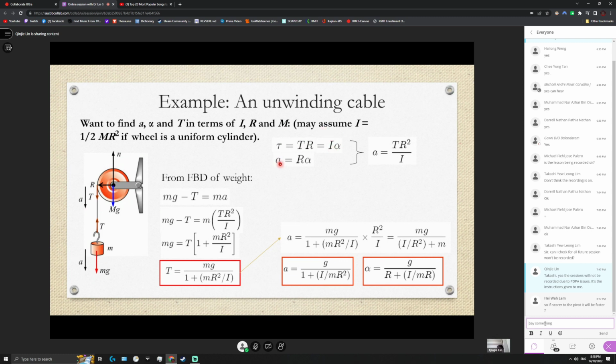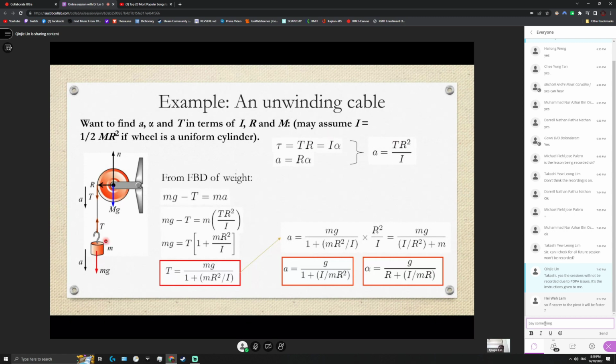We also know linear acceleration is related to angular acceleration in this manner: a equals R alpha. So from here, we can write linear acceleration in terms of T, R, and I. We do this so that later we can substitute somewhere to replace something. Okay, so this is what we already know.